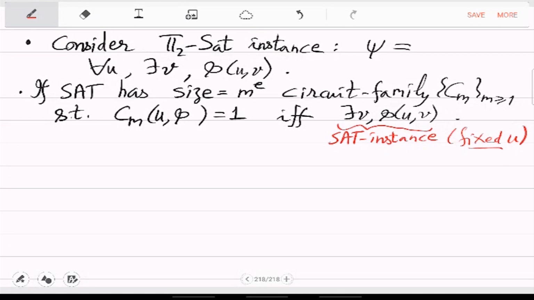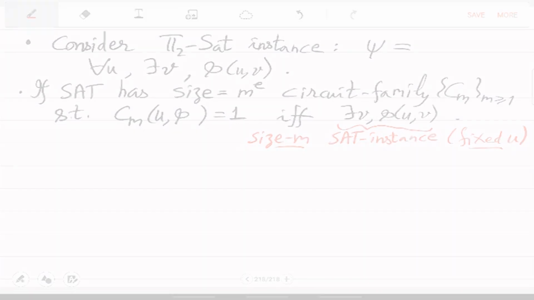That is what we are assuming, and say the SAT instance has size m. Okay, so we'll use the circuit corresponding to that size, which is Cm. The circuit itself has size m to the e, where e is some constant, and it is solving this. Okay, so using this Cm, we will now try to find v. That we will do next.